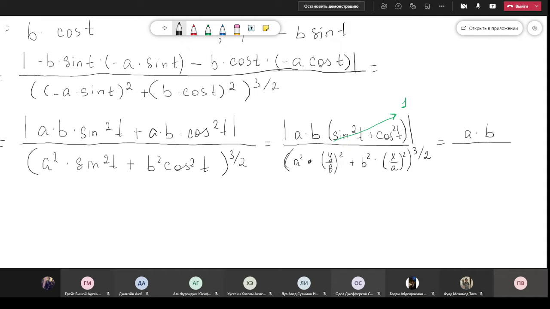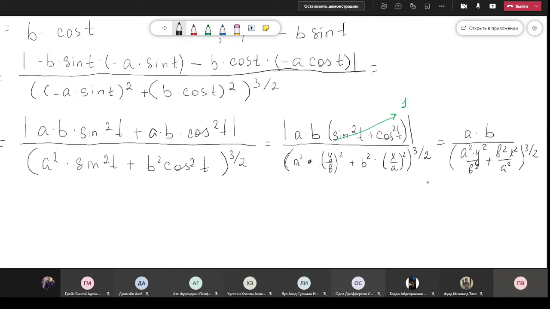Then in our denominator we have a squared times y squared over b squared plus b squared times x squared over a squared, and our degree 3 over 2.